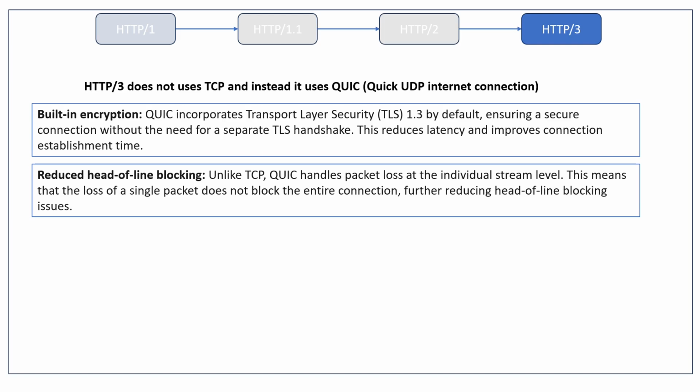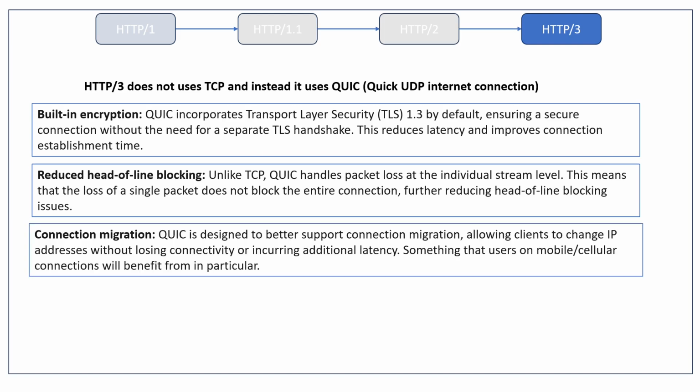Suppose the first request is being processed in chunks. Some data will reach the client for sure, but it won't block other requests from being processed, because there is no need to wait to build up the whole response to send back to the client.